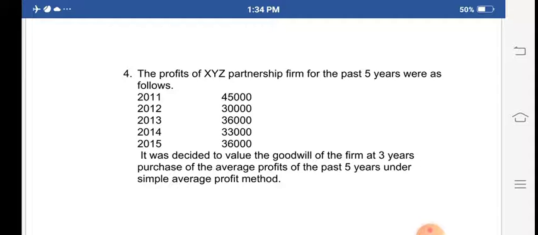Make the total of the 5 years' profit and then divide it by the number of years. Then with the simple average profit you can calculate the value of goodwill for 3 years.